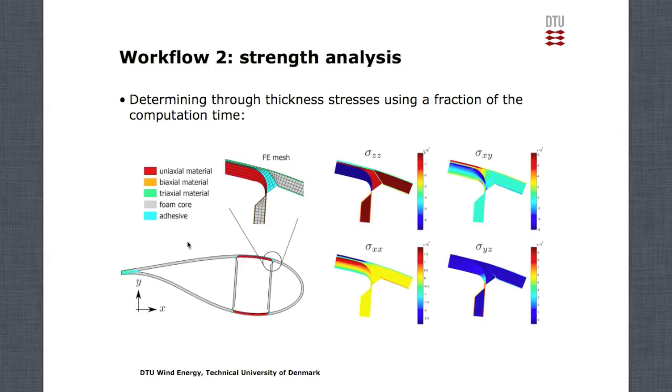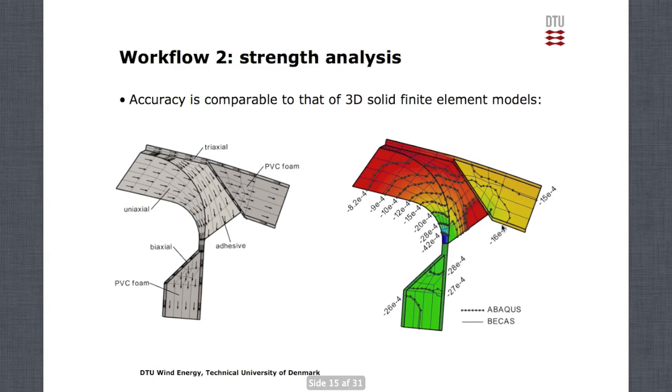So one example here where we did the stress analysis at a detail here of a cross-section. And what you can see here is different stress components. You can see the stress through the thickness for each of the different components. We have used this result to validate the stresses coming out from BECAS. So we can see here there's different materials, adhesive, uniaxial fibers from the cap and the sandwich panel from the shear web.